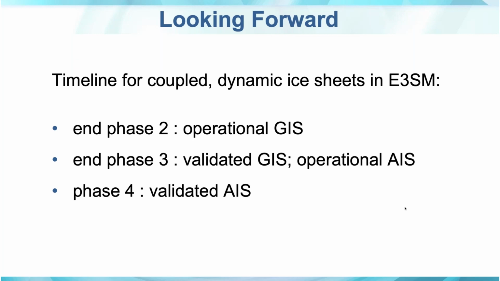Sometime during phase 3, we expect that will be scientifically validated and we'll actually be able to use it during simulations. Also during phase 3, we expect that we will have an operational Antarctic ice sheet coupled to E3SM. And then at some point during phase 4, that should be a validated Antarctic ice sheet where we can start doing coupled simulations with E3SM and Antarctica.